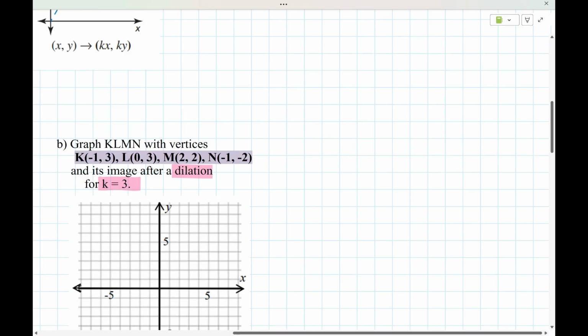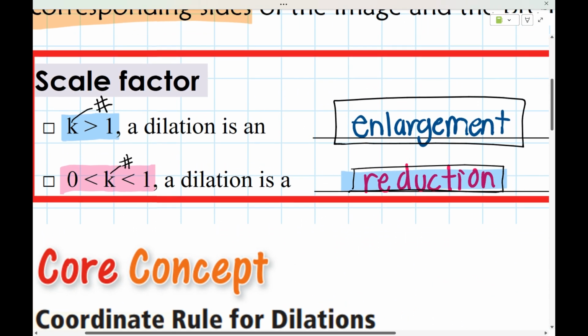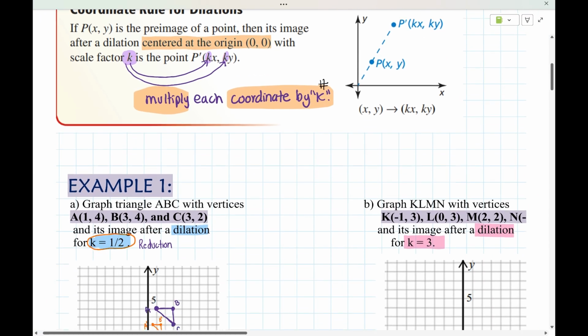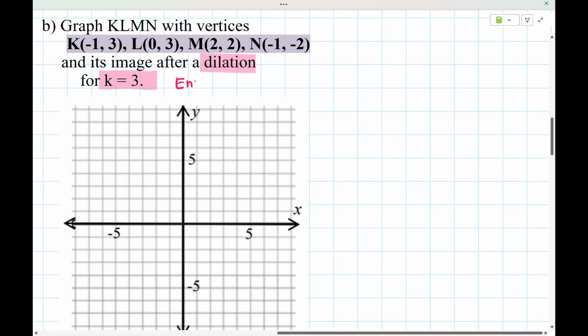Same thing for the second example here, but now we have a dilation of 3. Since 3 is bigger than 1, my image is going to enlarge. We're going to have an enlargement, so whatever shape I start with is going to get bigger once I apply my scale factor of 3.